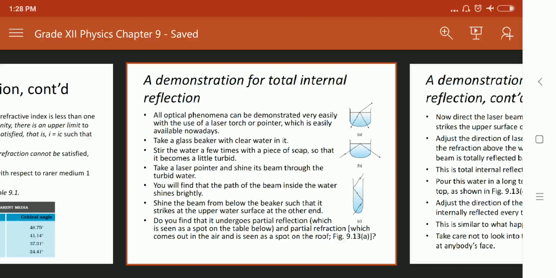Now adjust the angle of the light by practical trial and error in such a way that no light beam is moving in the air, no refraction is there, and so the light beam won't be visible in the air out of the water surface. You can observe that the light beam from the surface is reflected back. That angle is known as the critical angle, that is, when the incident angle is greater than the critical angle, total reflection is possible.